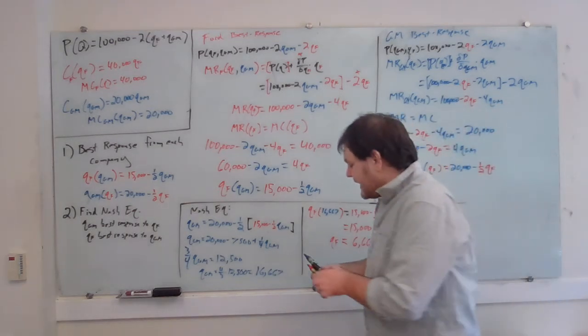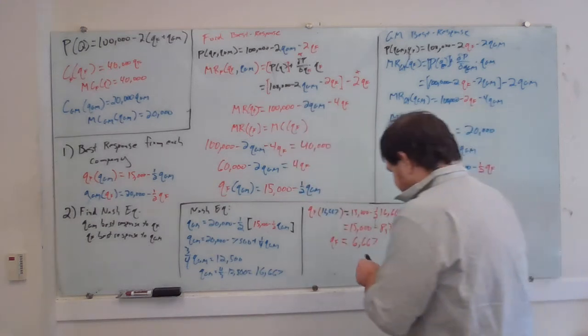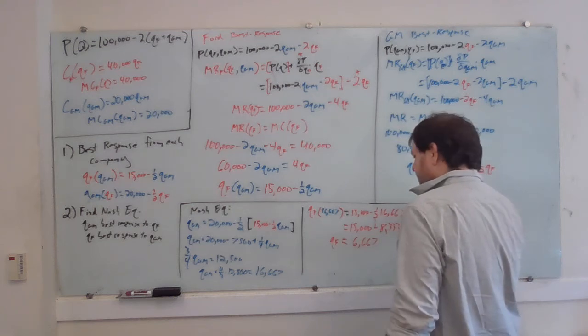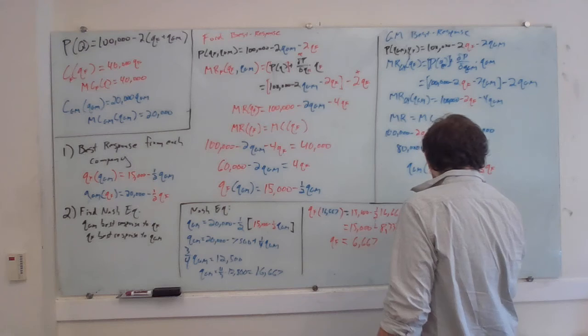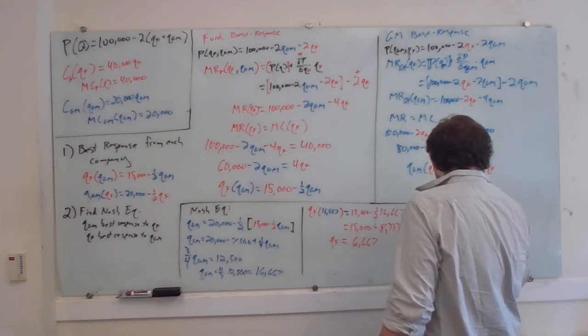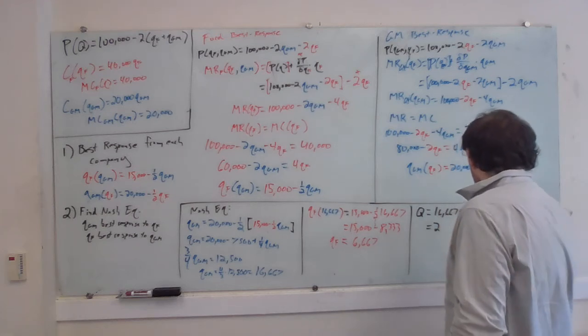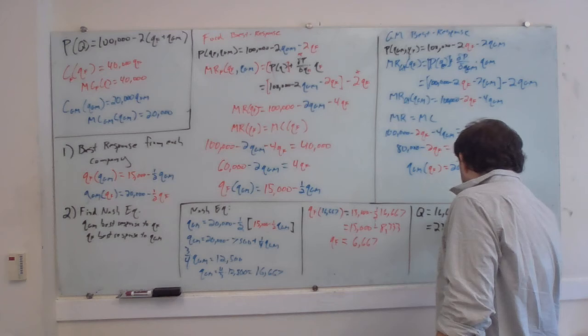The advantage from society's perspective is that our total output of trucks, big Q, is going to be 16,667 plus 6,667, which is going to be 23,333.